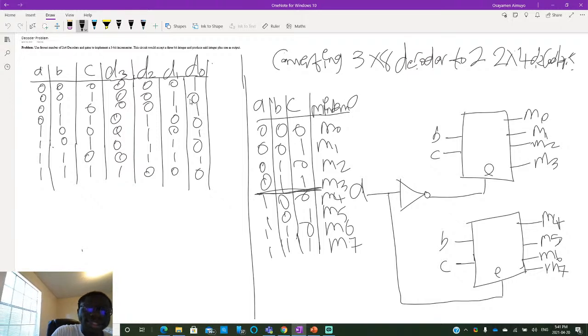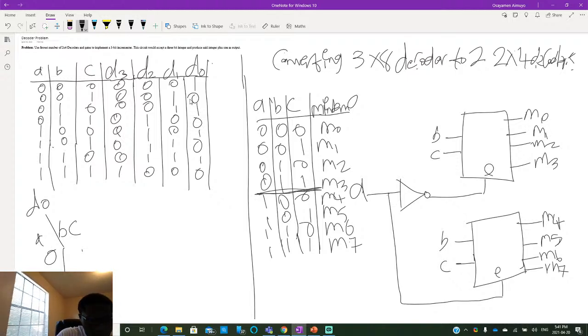But notice that for D0, I can quickly draw the K-map. D0 is basically C bar, right? So instead of using a decoder for that, we can just use a NOT gate.